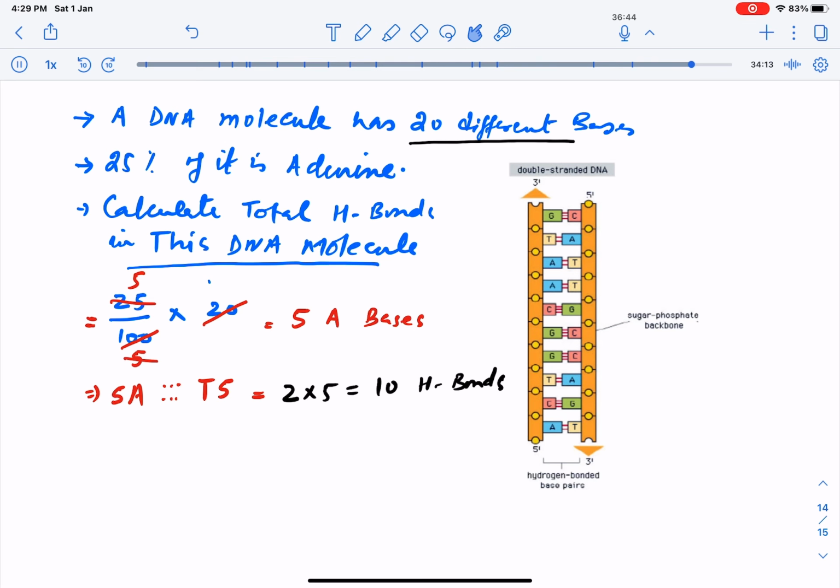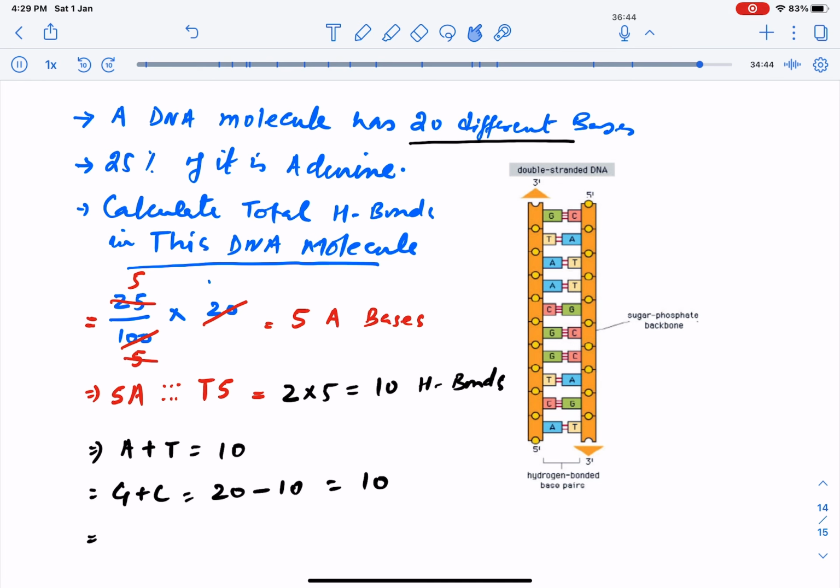So the remaining are adenine bases plus thymine bases equal to 10. So guanine bases plus cytosine bases will be equal to 20 minus 10, so that will be 10. As it is a complementary base pairing in between guanine and cytosine, half of them will be guanine and half of them will be cytosine.